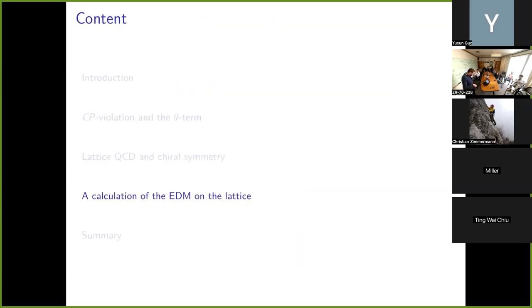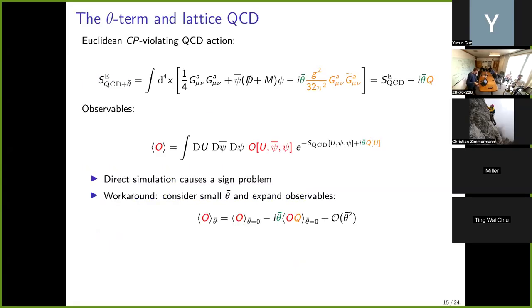Right, and that brings me to the calculation of the EDM on the lattice that we perform. First of all, we have to put the CP-violating QCD action on the lattice. And there's a little difficulty, namely, in Euclidean time, you get an extra factor of i here.